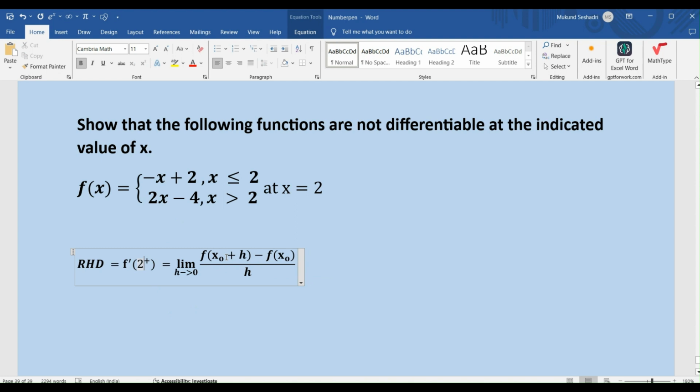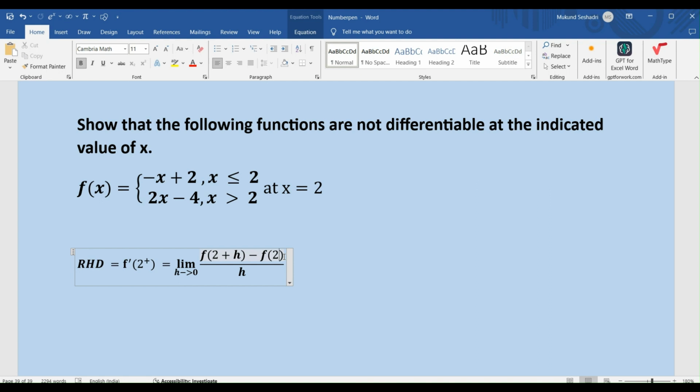right? And so wherever I have x naught, I'm going to replace it by a 2 and then go ahead and calculate the limit for this particular expression, what we get on our screen, right? f of 2 plus h minus f of 2 divided by h, right? So let's look at the first part of the numerator, which is f of 2 plus h.